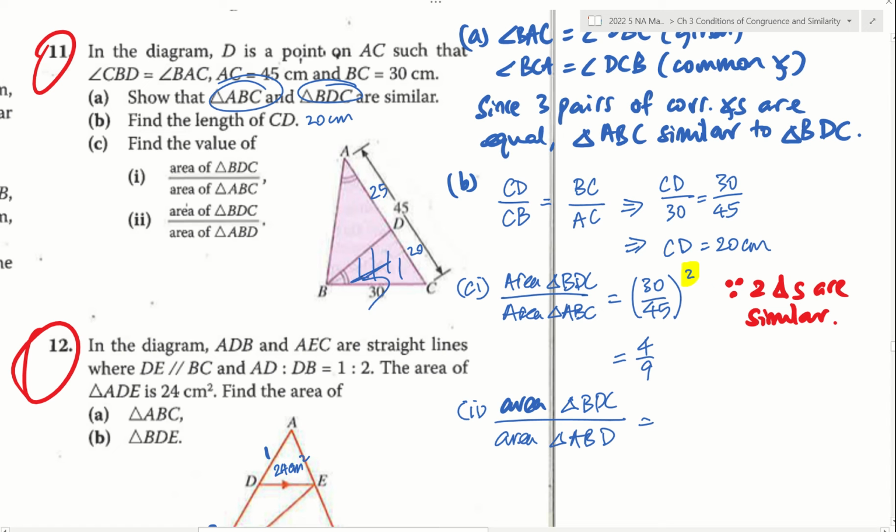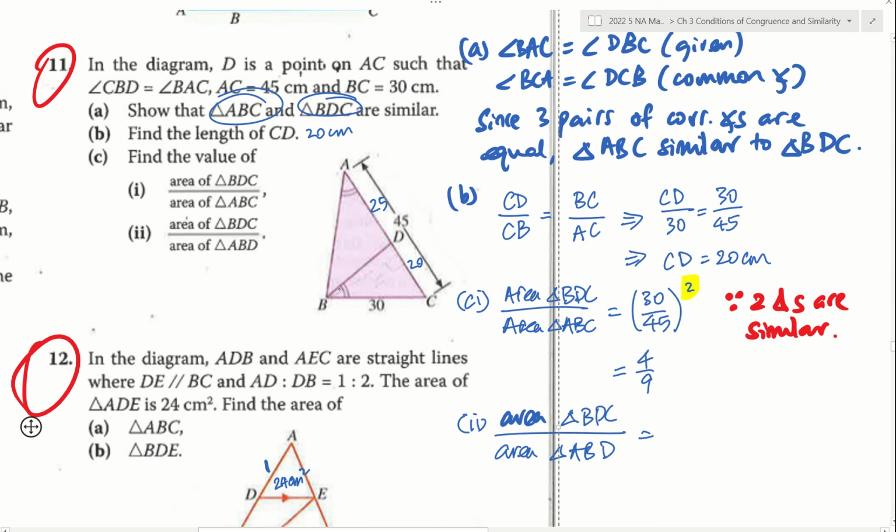Practice enough, and you realize that here we've got one perpendicular height. This perpendicular height belongs to both BDC as well as ABD, where the bases are 20 and 25 respectively. So the ratio, divided by 5, you get 4/5. Done. Usually this is a 1 mark question, so we don't expect much working from you.